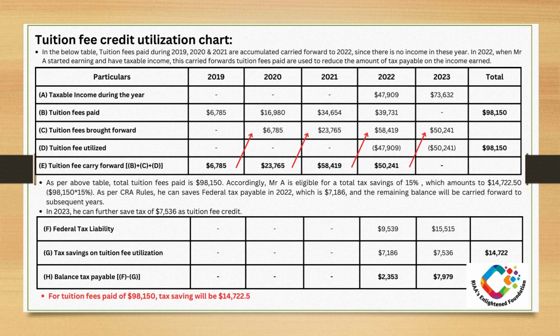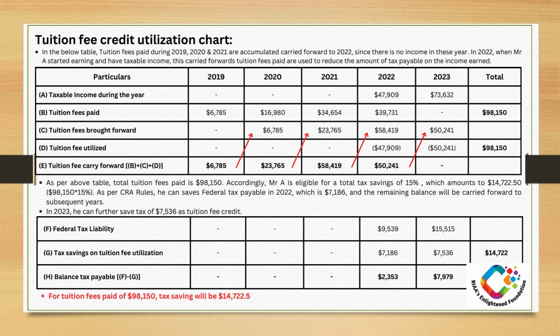Subsequently, in 2021, an additional $34,654 was paid. However, since prior tuition fees remain unutilized, the carry forward amount of $23,765 augmented the total available credits to $58,419.